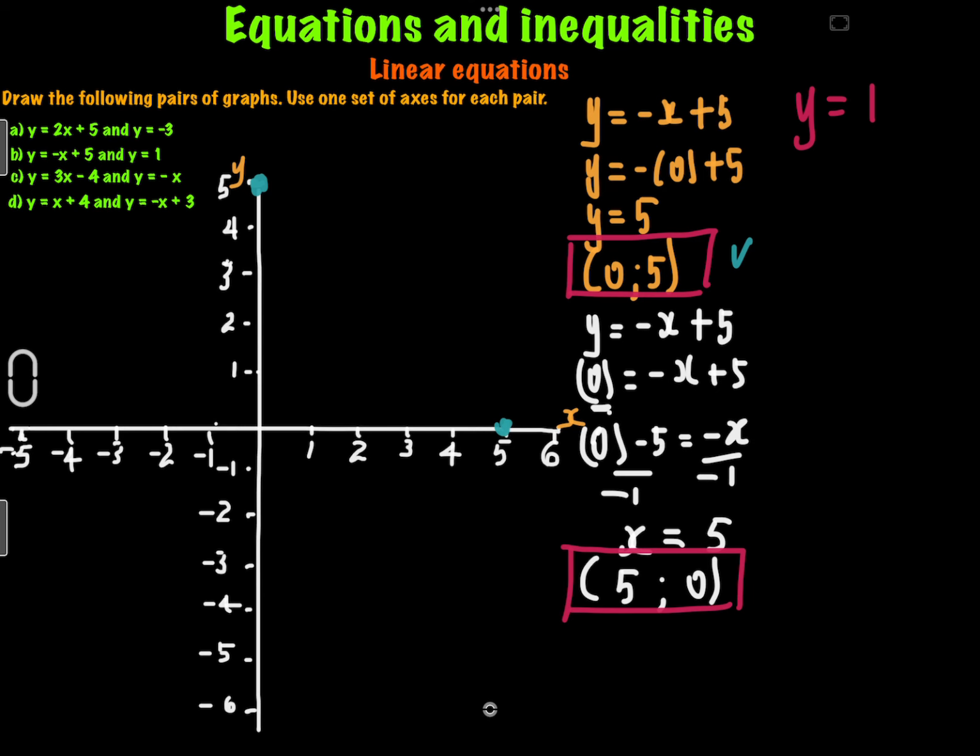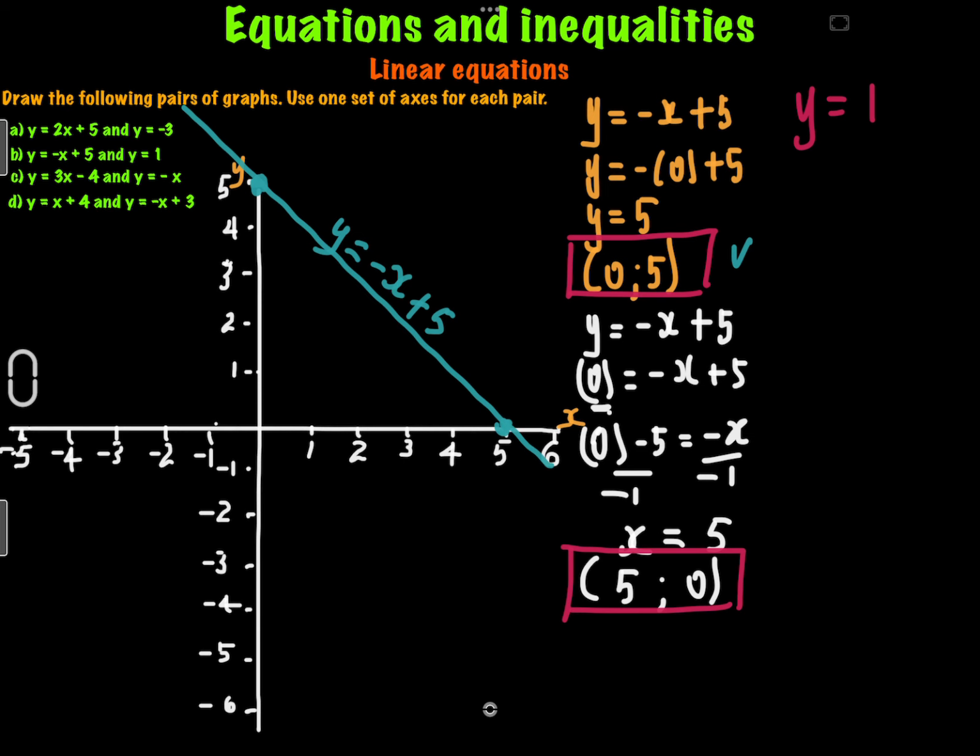So what you need to do is simply join our line there, and that line essentially represents y equals negative x plus 5. And then we need to have another line that represents y equals 1.